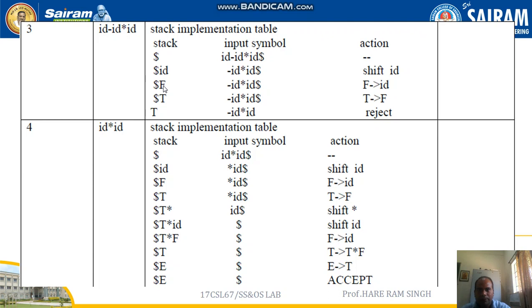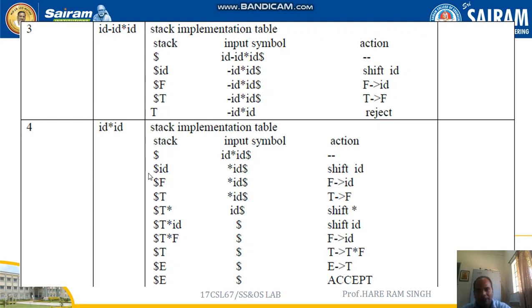Next ID will be replaced by F, the input symbol is minus, again F will be replaced by T, and T cannot be replaced by anything further. So here this is rejected. This input will be rejected under the given grammar.